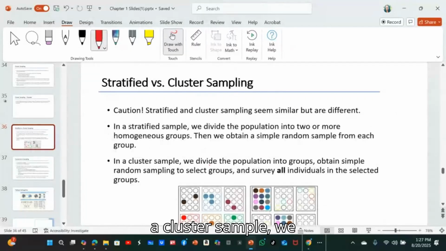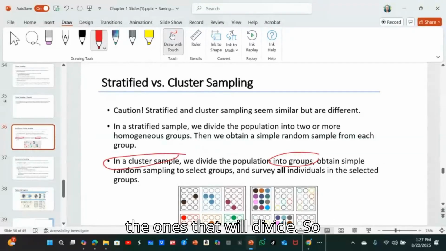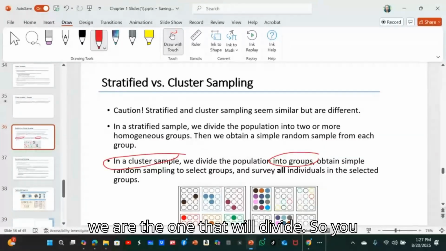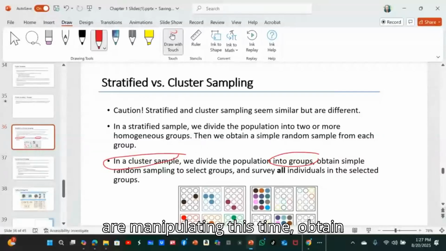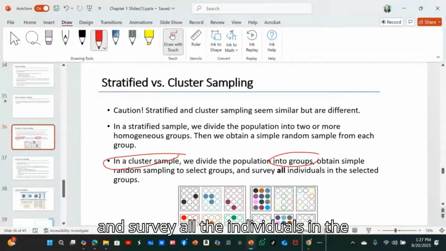It says in a cluster sample, we divide the population into groups. We are the ones that will divide, so you are manipulating this time. Obtain a simple random sample to select groups and survey all the individuals in the selected groups.